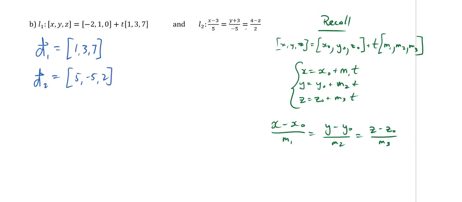So it's just the denominators. And what do we notice about that? D1 does not equal k times D2. Therefore, they are not parallel.